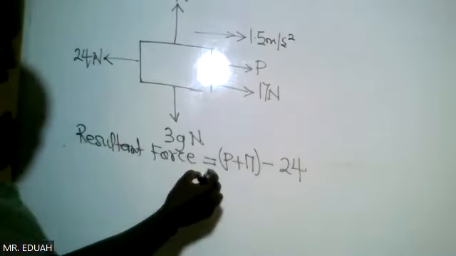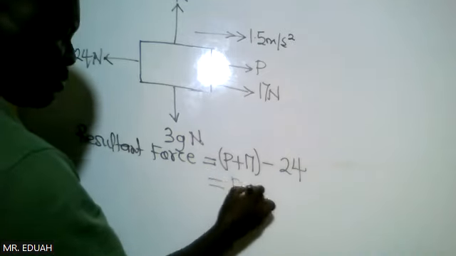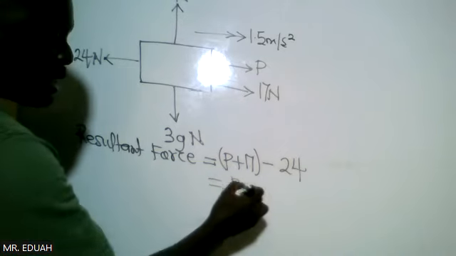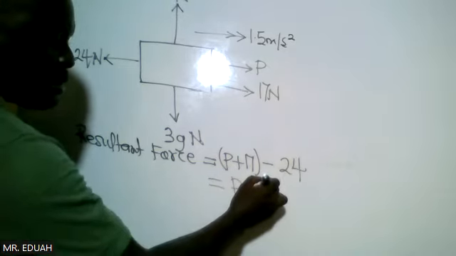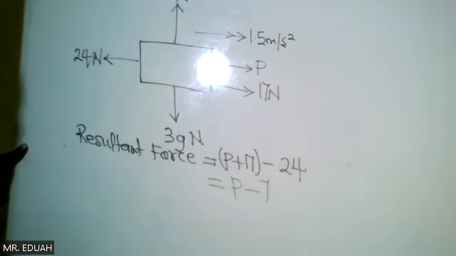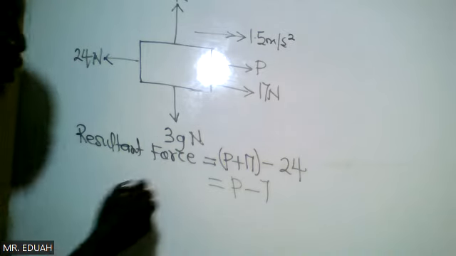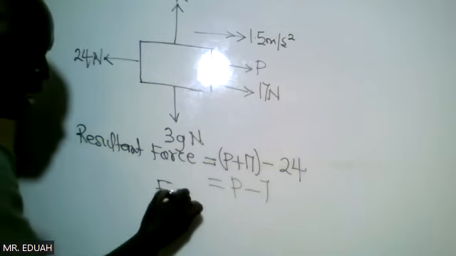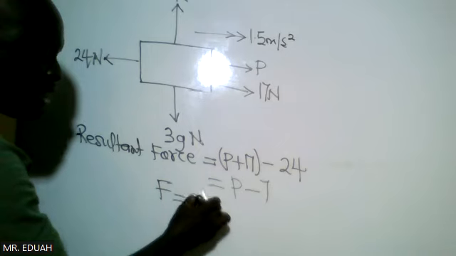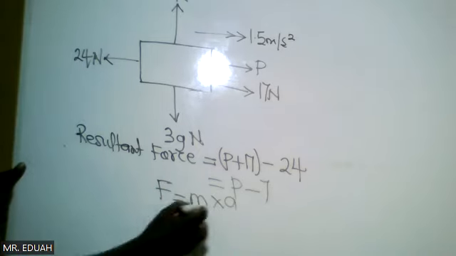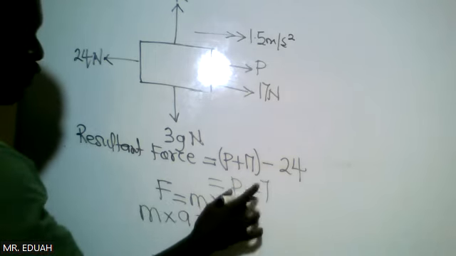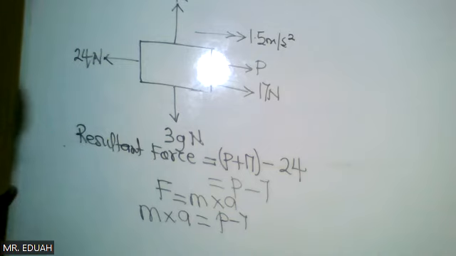So this is P minus 17, or 24 minus 17, which must be 7. And to find P, Newton is telling us that any force is given by mass times acceleration. So equate m times a to your net force, which is P minus 7.